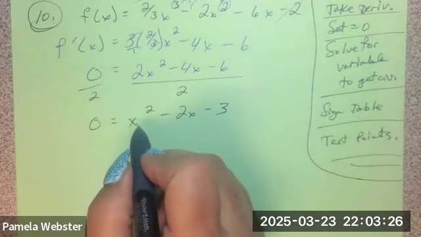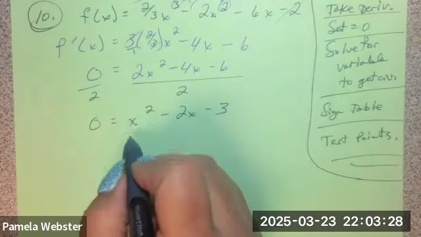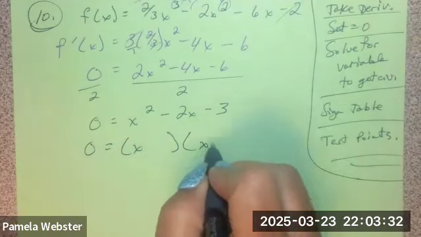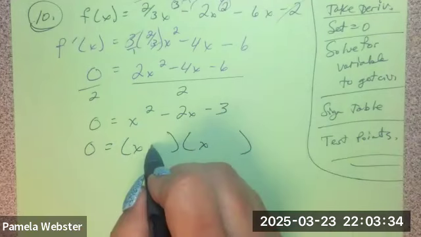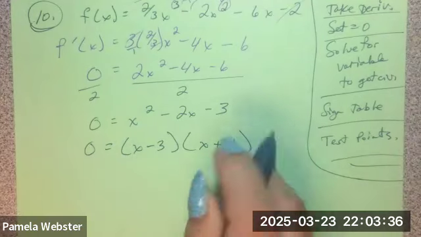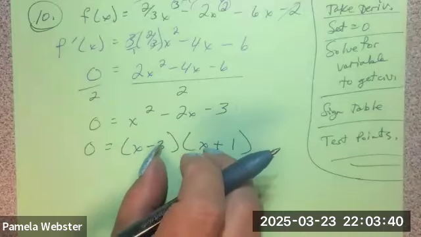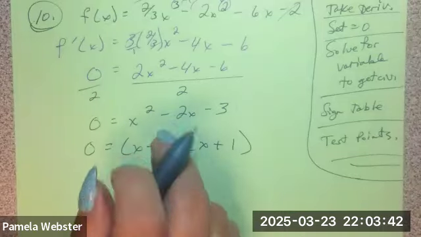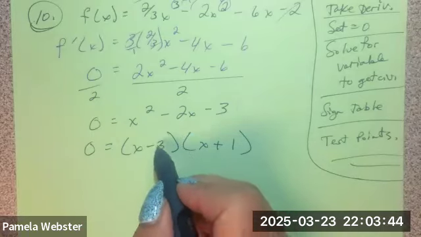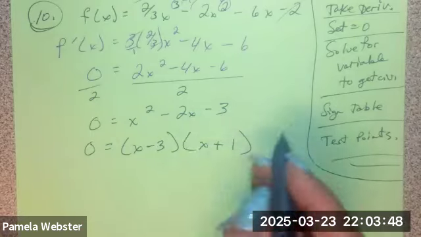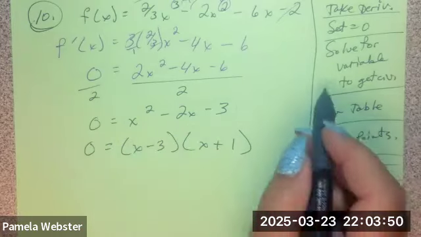Now I see this should factor. Negative 3 times 1 is negative 3, but when I add them, negative 3 plus 1 is negative 2. So it does indeed factor.